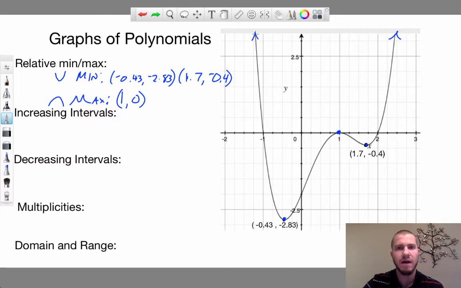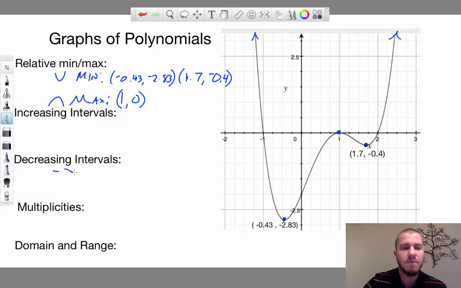So if I start on the left side and I trace the graph, I'm going down. So from this point, which is negative infinity, all the way to this point, the graph is decreasing. The y value is decreasing. So you're using your x values in the intervals.